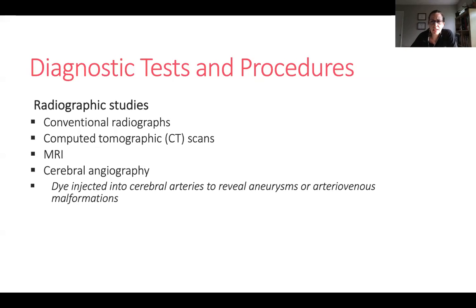So they inject dye into the arteries to see if there are any blockages or arterial venous malformations. You might hear this called AVMs, that is arterial venous malformation. And that is just when there's a tangle in the vasculature. You might see that even in the stomach or the colon, and sometimes they bleed. So that could cause issues.